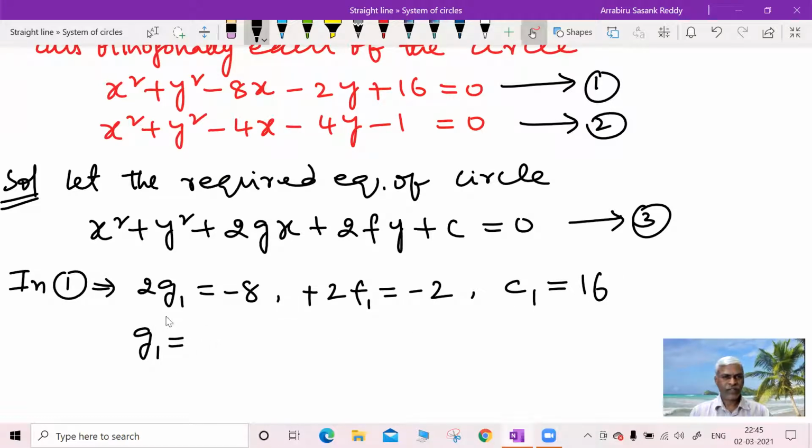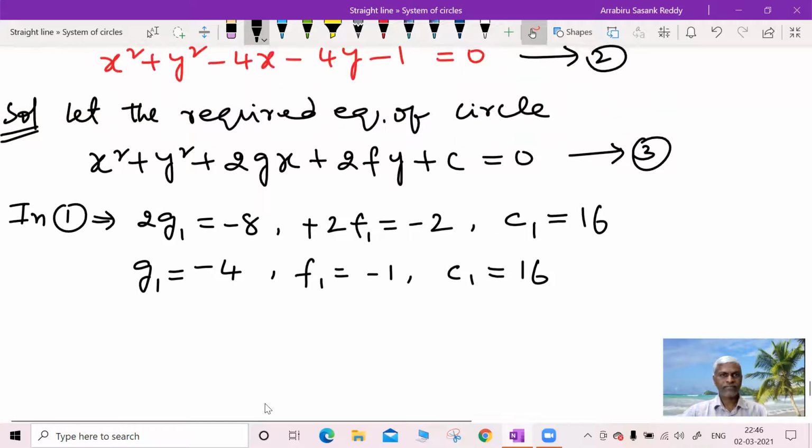So g1 is minus 8 by 2, that is minus 4, f1 is minus 2 by 2, minus 1, and c1 is 16. So these are the g, f, c values in the first circle.